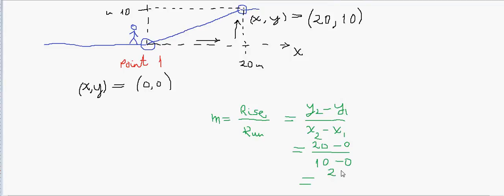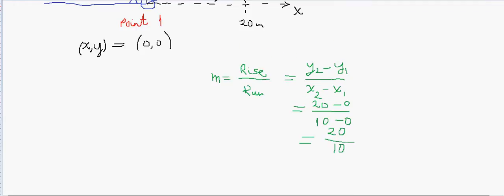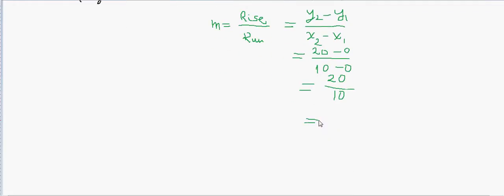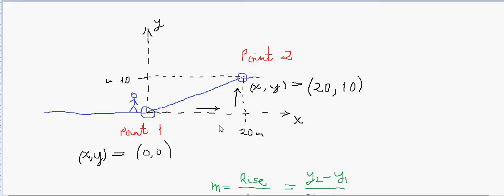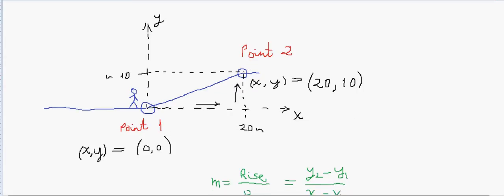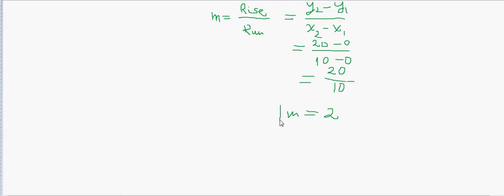So we have 10 over 20, and once we divide, we get the answer. The gradient of this slope is steep. Therefore, we have just found a way of calculating a straight line gradient.